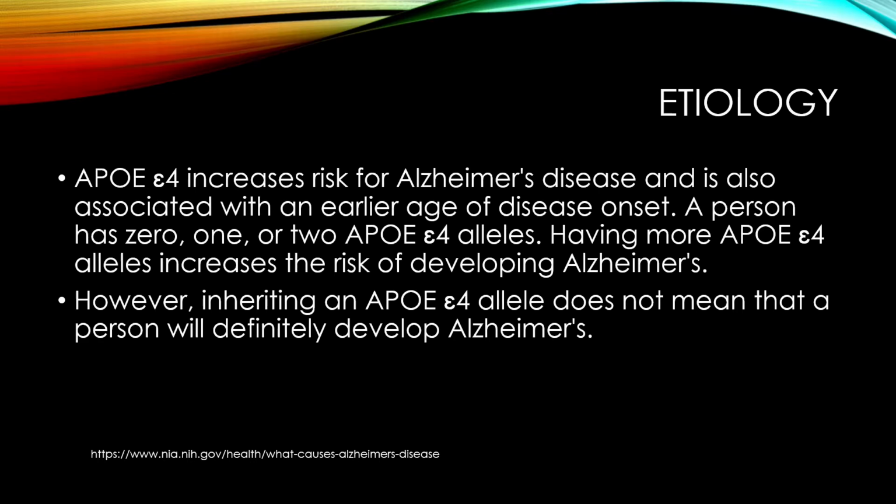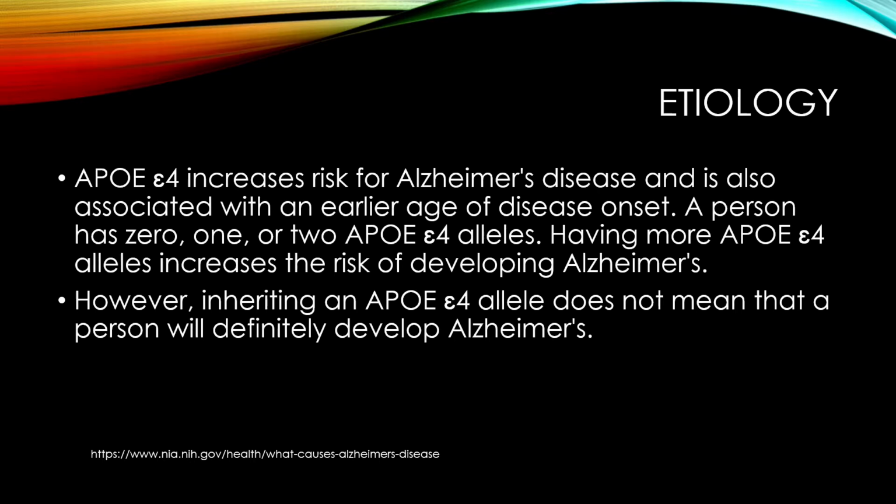Remember, we talked about the familial Alzheimer's disease. The ApoE4 has a role to play in this. So having more ApoE4 alleles increases the risk of developing Alzheimer's disease. So if you inherit one ApoE4 allele from your parent, or it predisposes you more if you inherit 2.